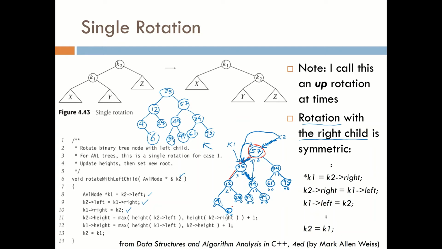Let's work out our balances. 0, 0, 0, 0, 0, 0, 0, 0, 0, 0, 0, 0. This is a 1, 1 case. This is a 1, 1 case. And this is a 2, 2 case. And this is a 0, 1 case. And this is a 2, 1 case.